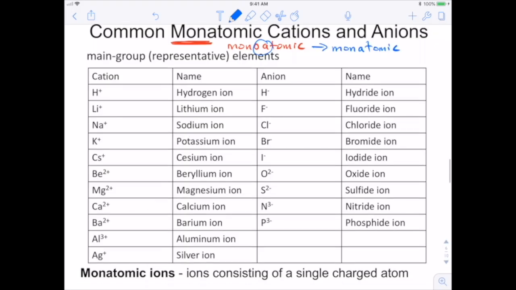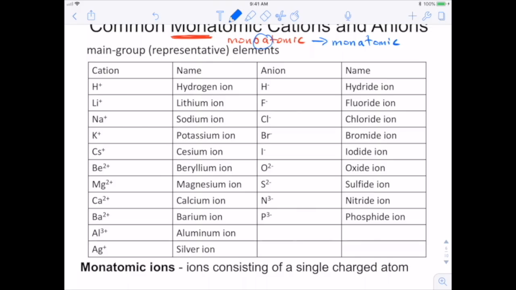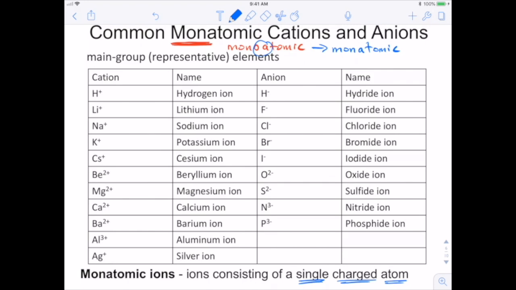And as the definition tells us at the very bottom, these are simply ions that consist of a single charged atom. So that's very straightforward. And this table pretty much summarizes for you many of the ones that are in the main group elements and what charge state they form when they become an ion and what is the name of that ion.